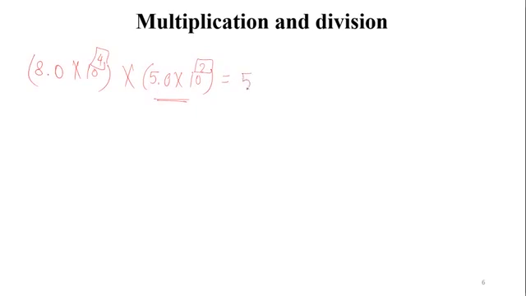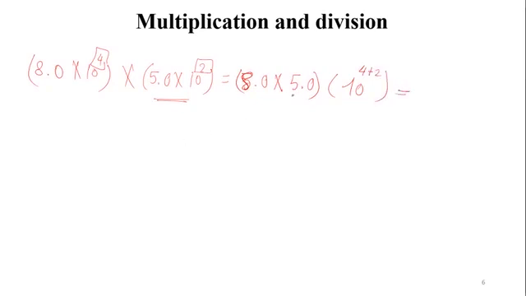So I will multiply 8.0 by 5.0, and I would also add the powers, which is 4 plus 2.